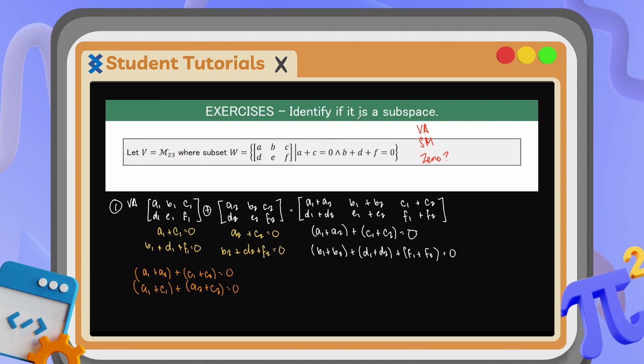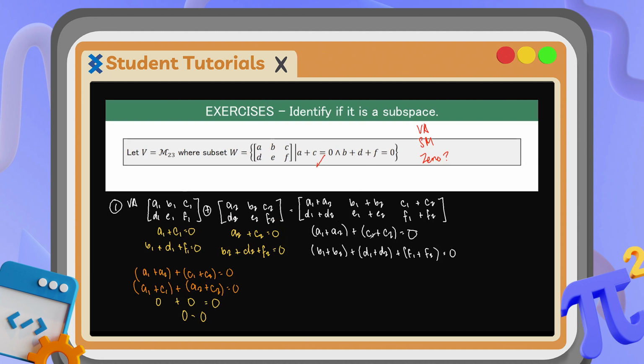It's just addition. So we can group them however we want. And then, notice that a sub 1 plus c sub 1 and a sub 2 plus c sub 2 are both equal to 0. So we can substitute these for the equation and write down 0 plus 0. And true enough, it is equal to 0. Therefore, it satisfies one part of the vector addition that we are trying to verify.